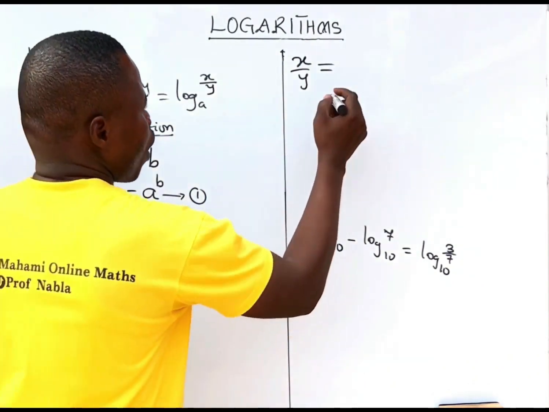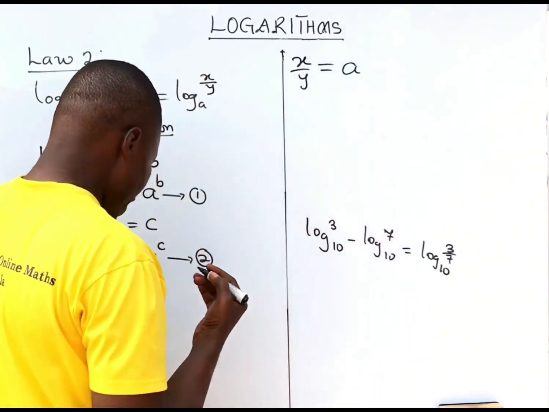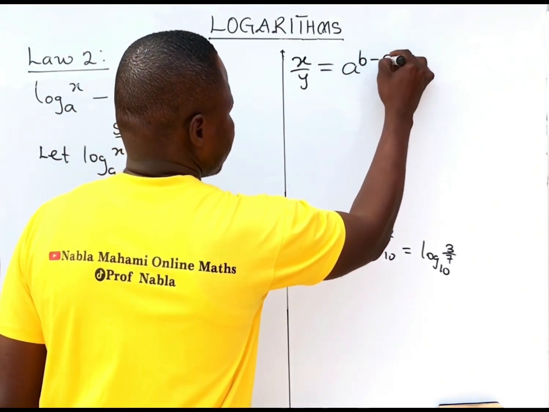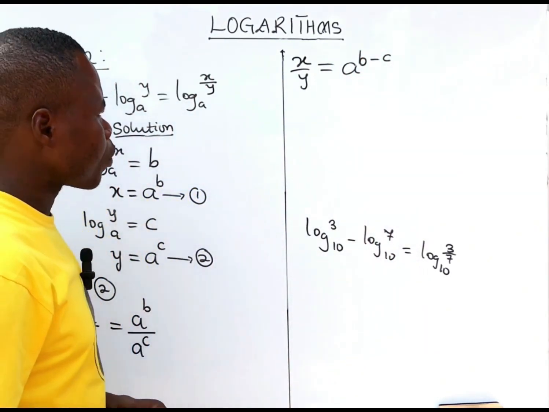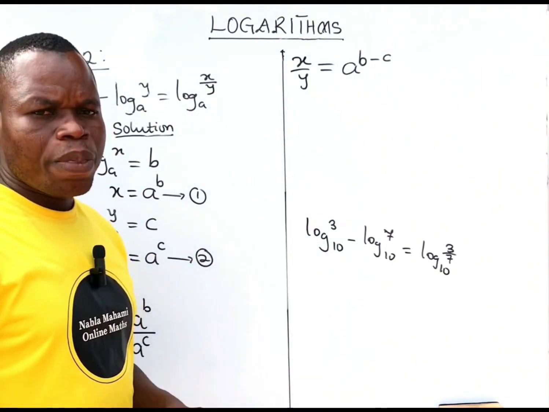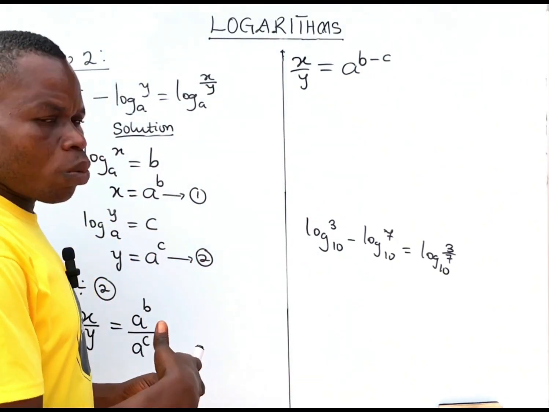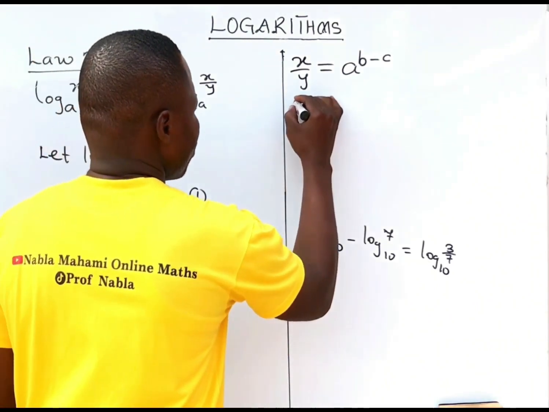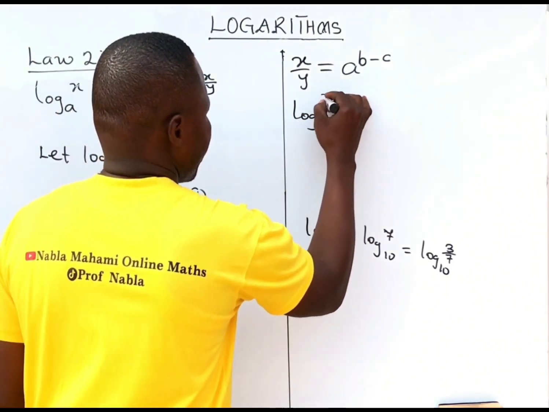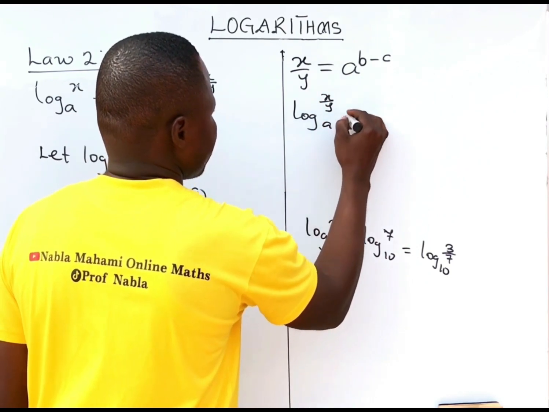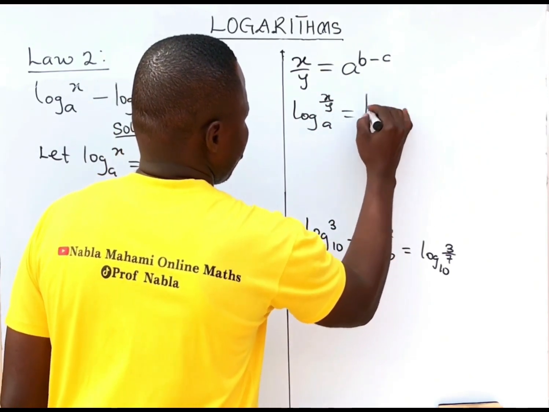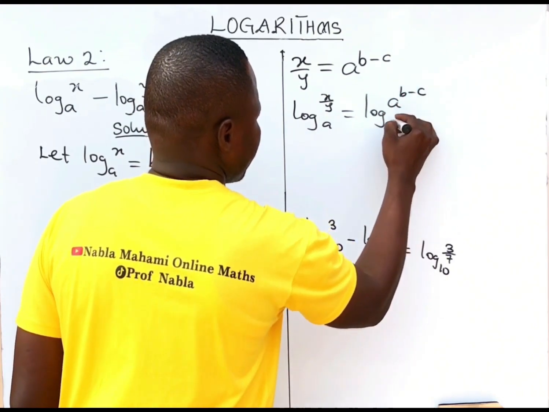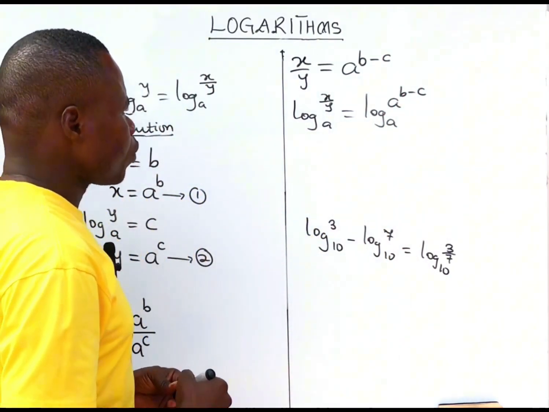That means that I'll write a and then subtract c from b, b minus c to be the power. From here, I will take logarithm both sides to base a. Here will be logarithm of x over y base a, which is equal to the log of a to the power of b minus c, and the base will be a.